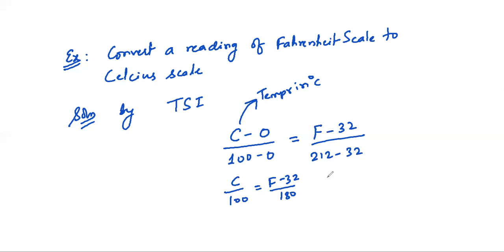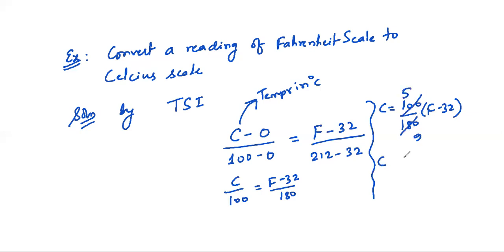So what will be C from here? C is equal to 100 by 180 into F minus 32. So this is 5 and this is 9. So C is equal to 5 by 9 into F minus 32. So this is a relation between degrees Celsius and Fahrenheit. We can convert Celsius into Fahrenheit. Alright. So please note down this, all of you.